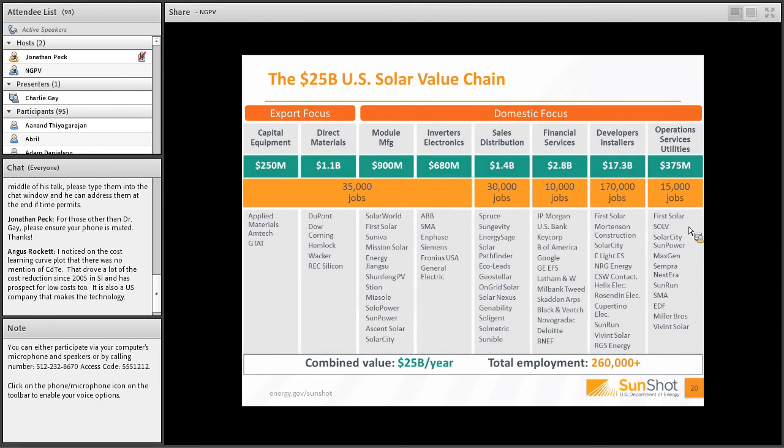And on the right three-quarters of the slide here, what we do here in country and using our own equipment, the majority of those 260,000 jobs, 170,000 jobs, are related to developers and installers.